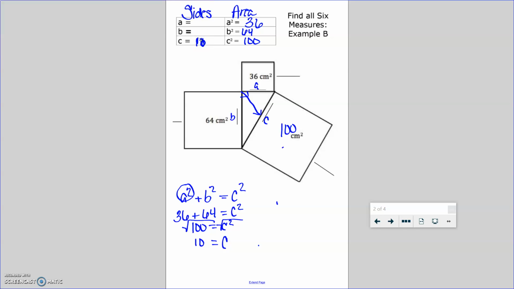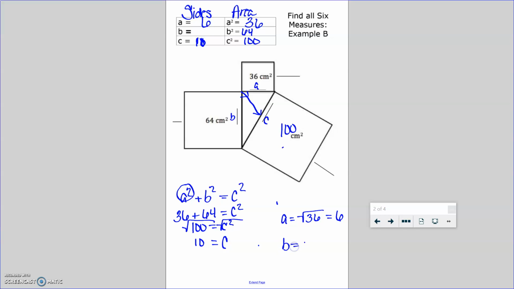Now, we are given B squared and A squared. In order to find our side lengths, we just need to find the square root of these numbers. A is equal to the square root of 36, which is 6. So A is 6.